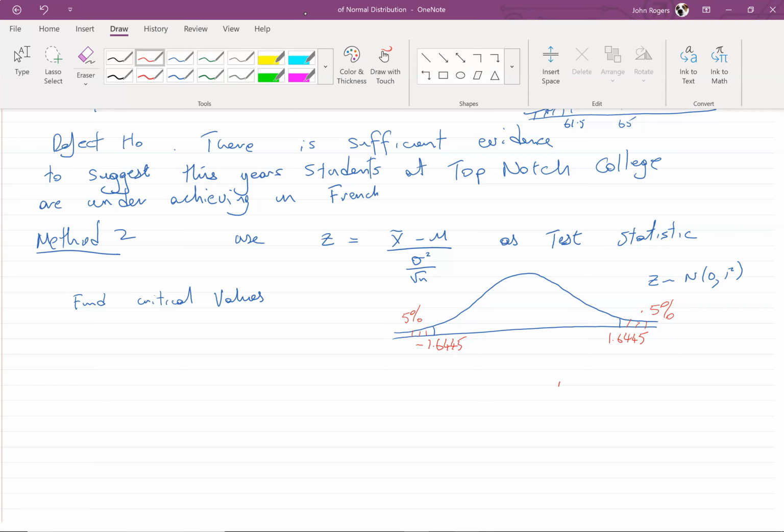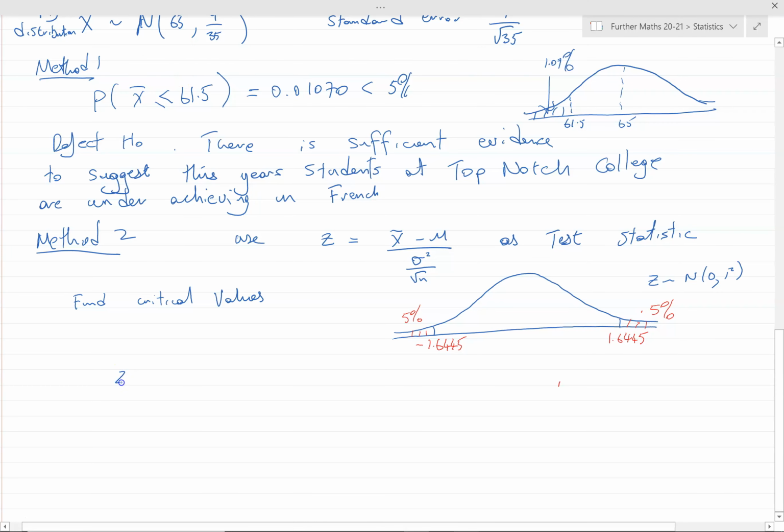Let's change your pen again. So the value of our test statistic Z is x bar, which is 61.5, minus mu, which is 65, all over sigma over the square root of n. No, we need to put the actual values in.